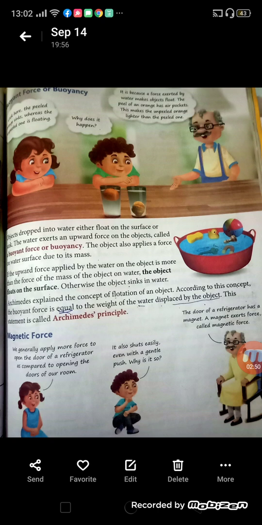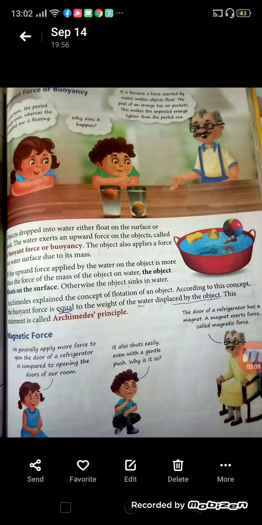Now you have to put other things in one by one and observe whether each is floating or sinking. When you put a plastic scale, what will happen? Put a ball into the water, then observe.